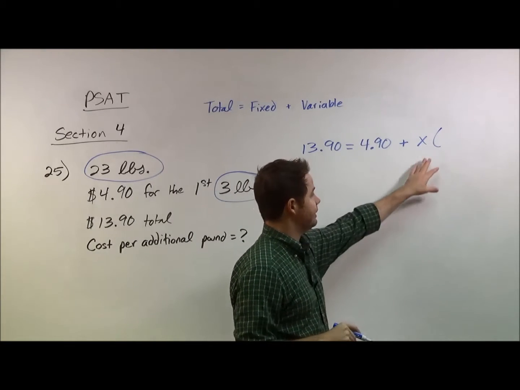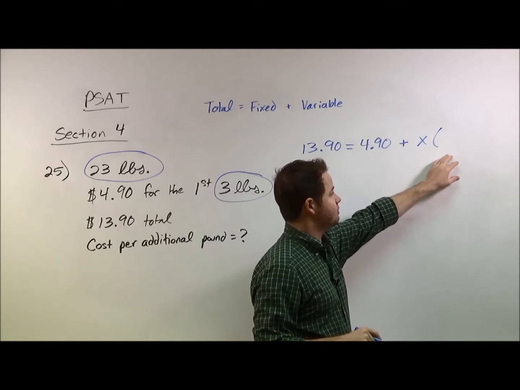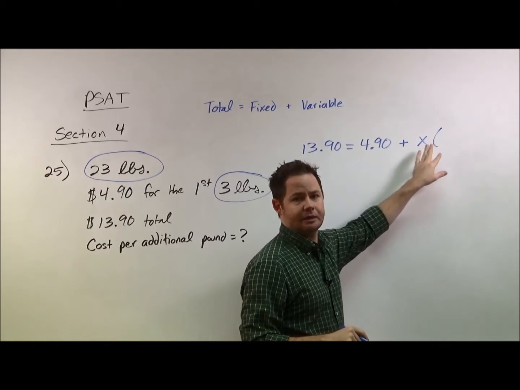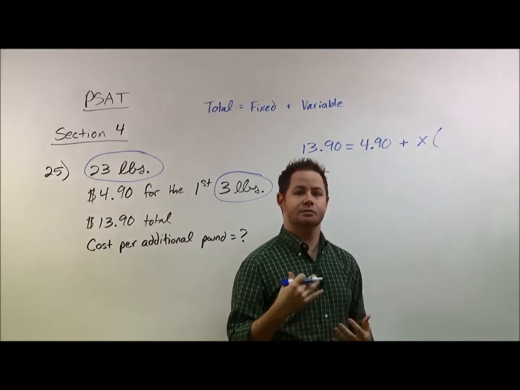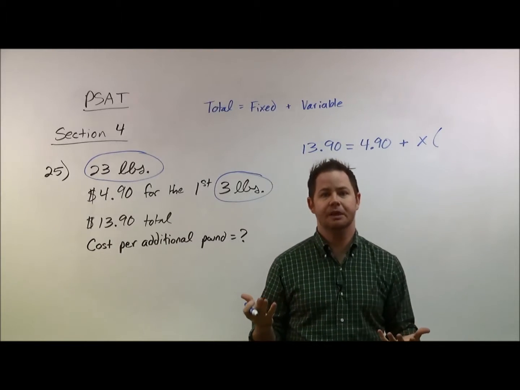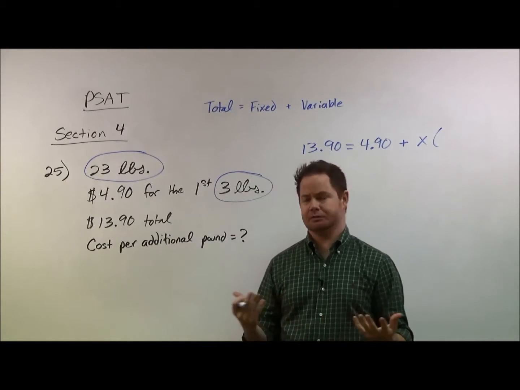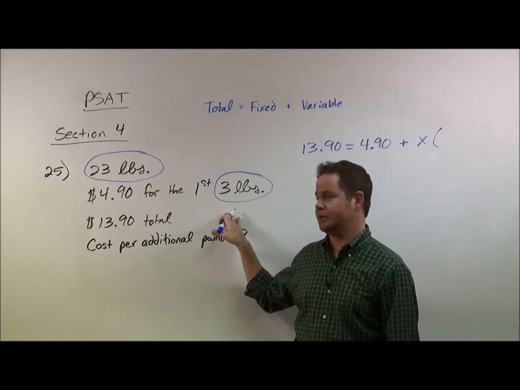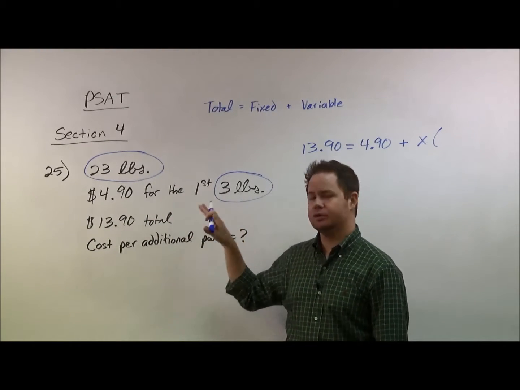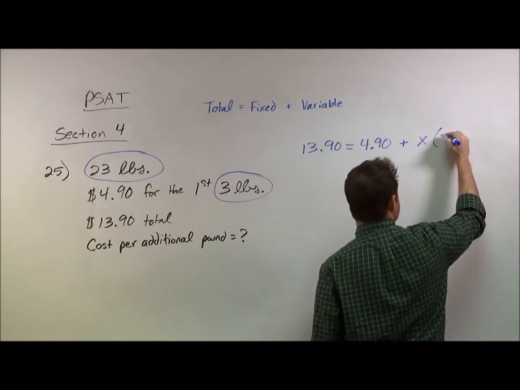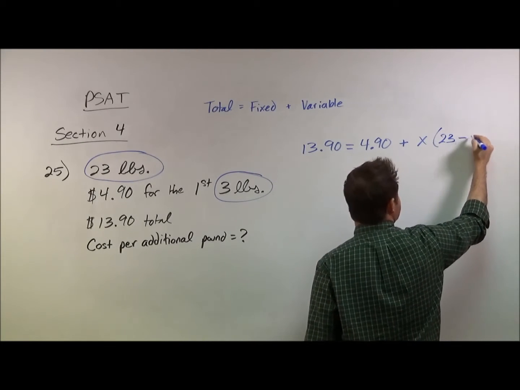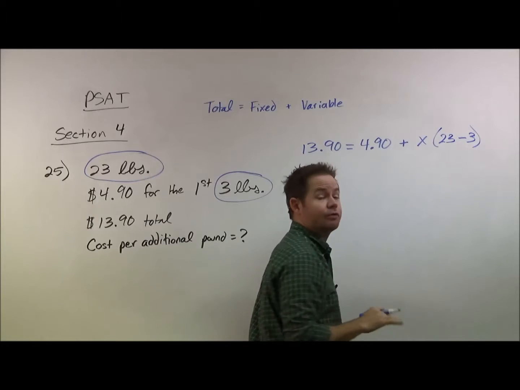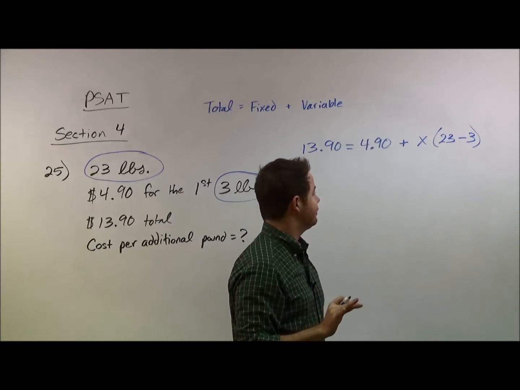And that's the key part here, is that in this step, most people just plug the number in times the variable, and they forget to subtract the amount that they've already paid for. Which is a good thing, right? If you're thinking about saving costs, when we go to ship the package, we don't want to pay twice for this same 3 pounds. So we've already paid for those 3 pounds. We're going to subtract that from our total. So it's a 23-pound package, but minus the 3 we've already paid for is the key part there.